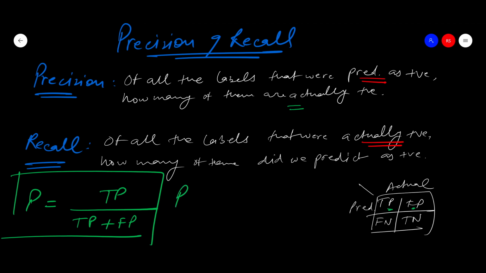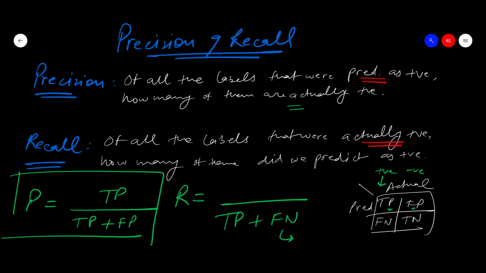Similarly for recall, give it a try on your own. So for all the labels that were actually positive, now we are focusing on the actual part of it. And if you remember, this was the positive thing and this was the negative thing. So the actual positive ones were these ones. So the actual positive ones were TP plus FN.